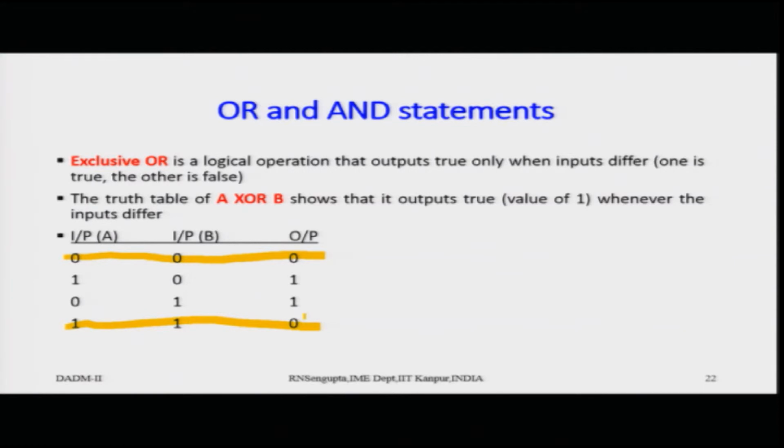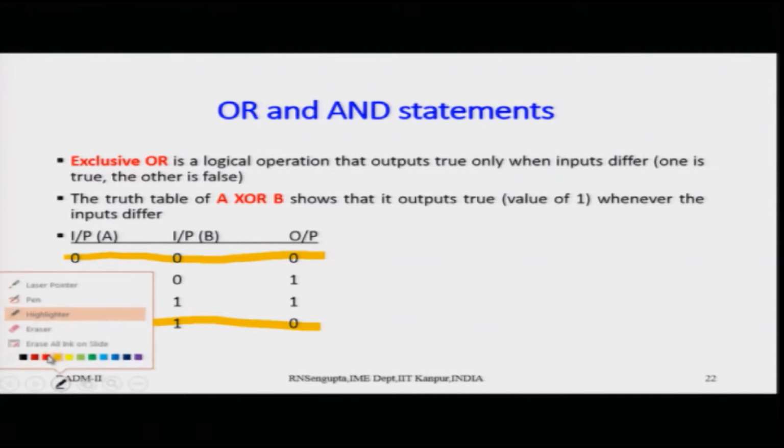But if the two inputs, and obviously there can be more than 2 and you can combine them accordingly, are 1 0 and 0 1, opposite to each other, then the overall output would be 1.